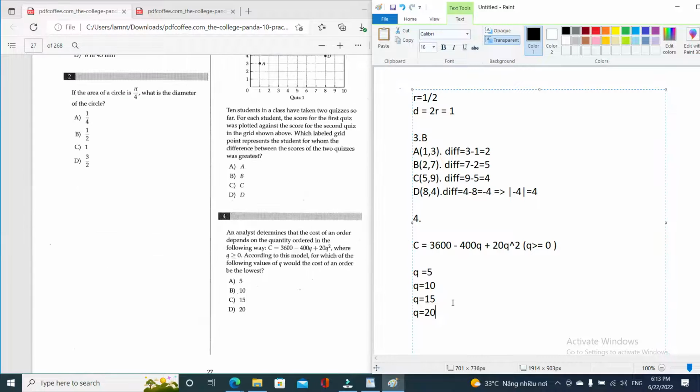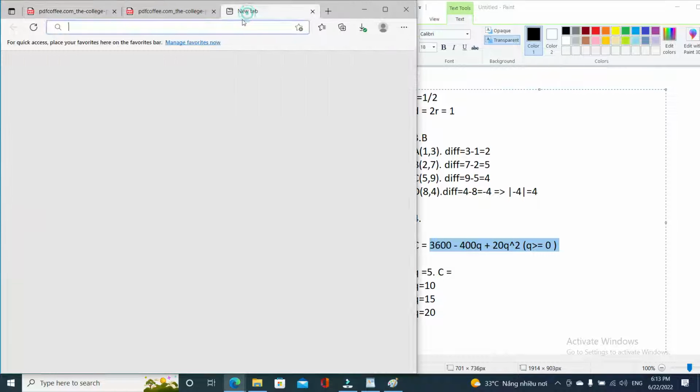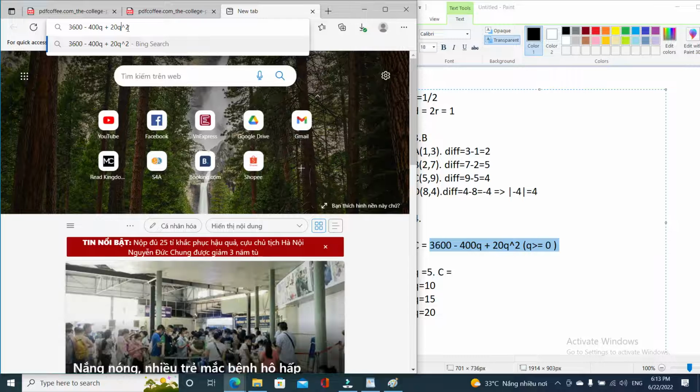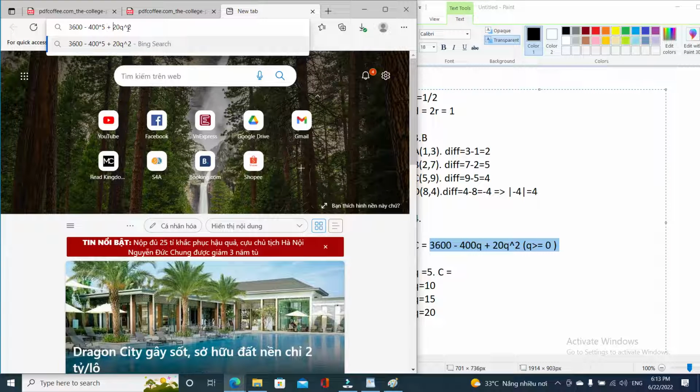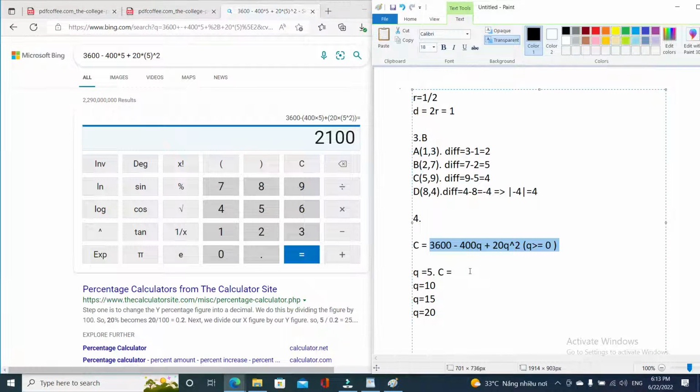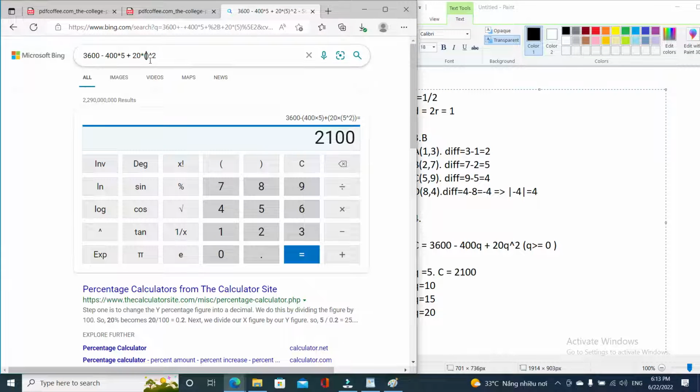Let's check. In this case, c is going to equal what? Plugging in 5, times 5 and times 5 squared, that's 2,100. Let's change this to 10 and this also to 10.